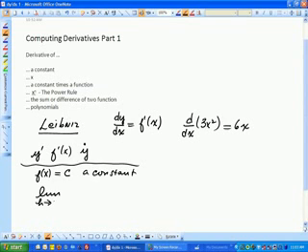It's the limit as h approaches 0 of the constant function at any point is c. In other words, the value at x plus h is still c. So the constant function very quickly reduces to 0, and so we have that the derivative, let's write it in the other notation here, the derivative with respect to x of a constant is always 0. Easy enough.